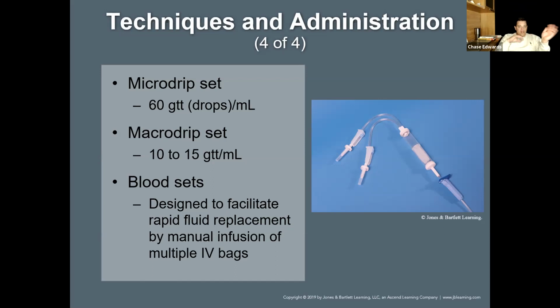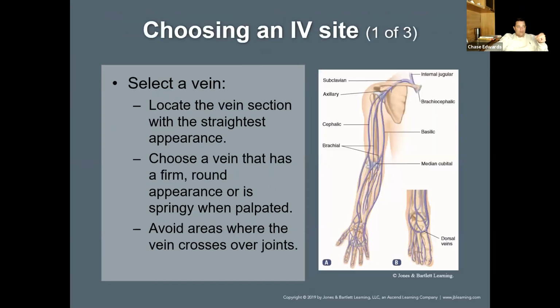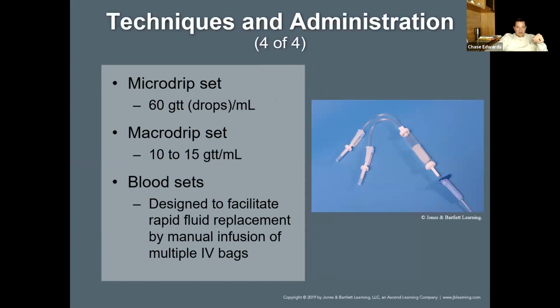You also have blood sets. It's a special type of macro drip set, and there's a picture of it there on the right. It's designed to facilitate rapid flow replacement or manual infusion of multiple IV bags or IV blood replacement combinations. Most sets have dual piercing spikes, which allow for 2 bags to be hooked up to it.